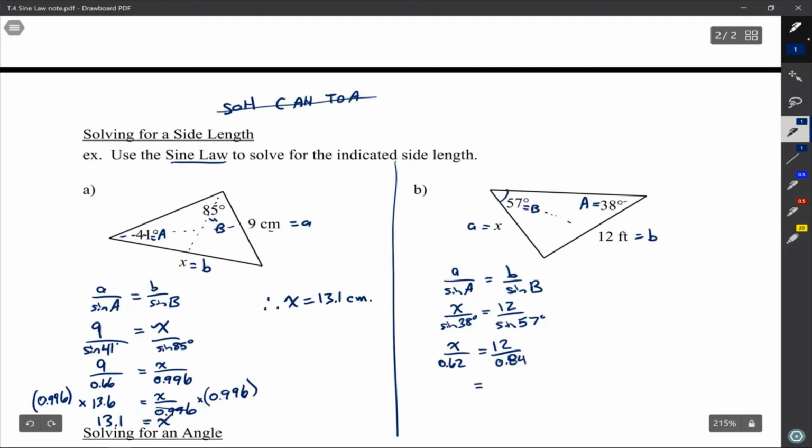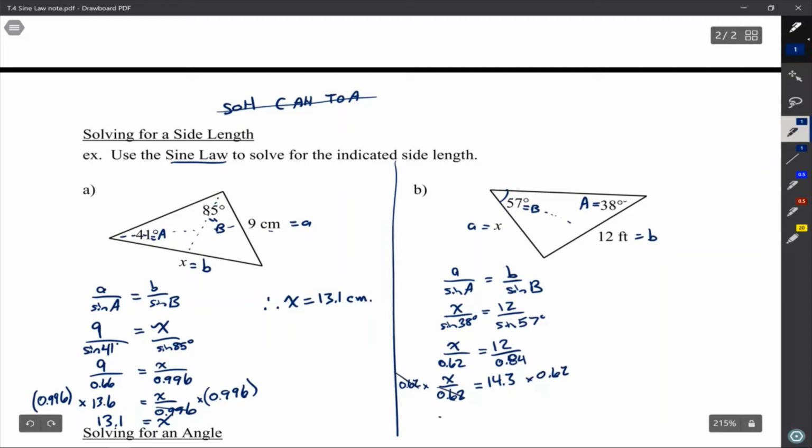And I can use my calculator once more. 12 divided by 0.84 is 14.3. And I need to isolate for this x. Right now it's being divided by 0.62, so it needs to be multiplied by 0.62.